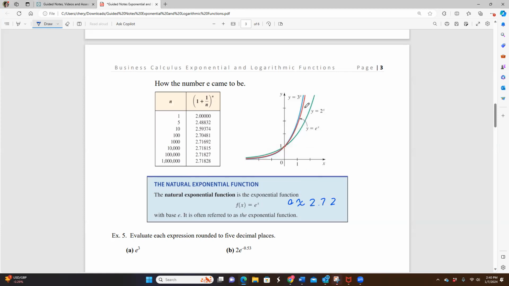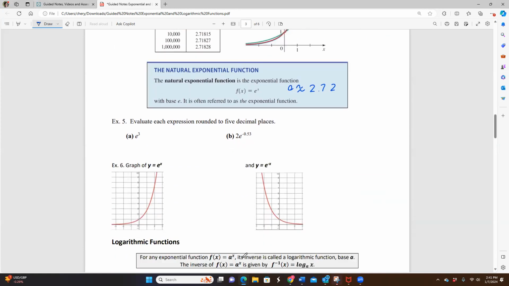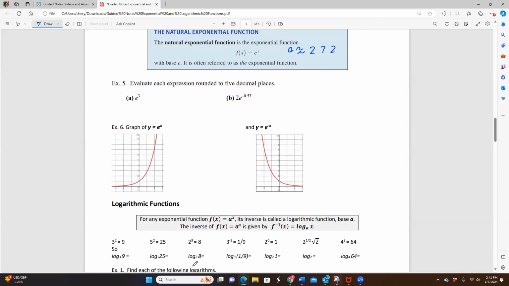So that's why my exponential function e here, graphed in red, is going to be between the exponential function y equals 2 to the x and y equals 3 to the x, because e is again about 2.72 to the x. So let's evaluate each of these expressions and round them to 5 decimal places.